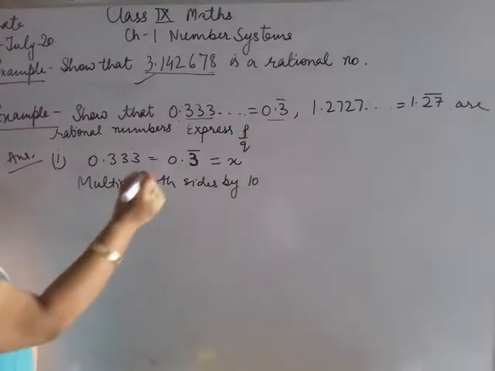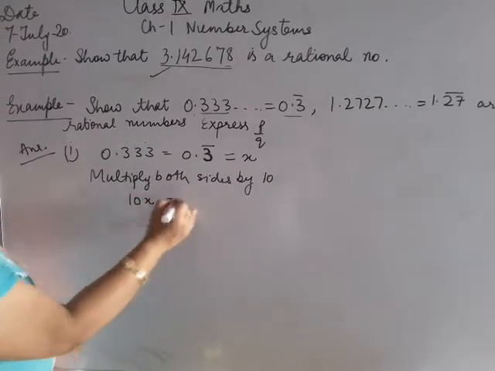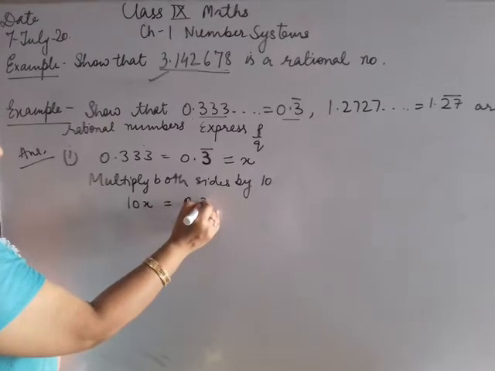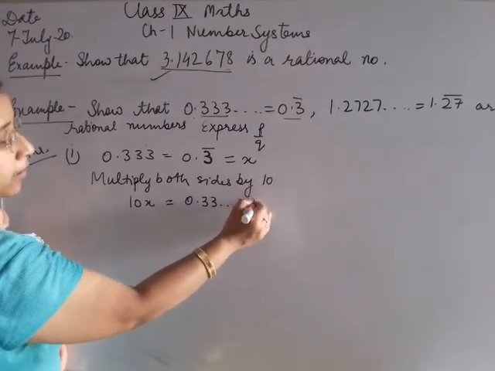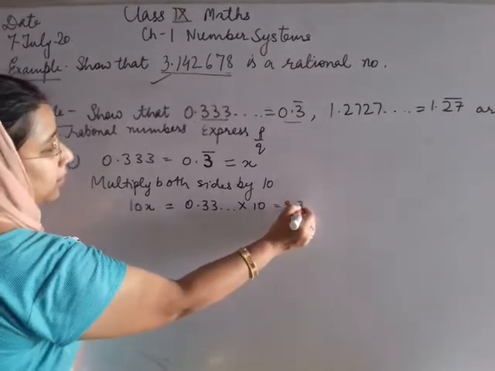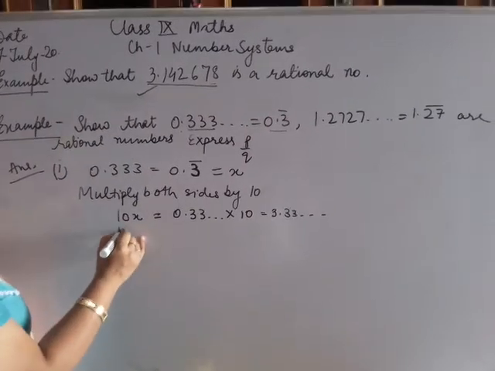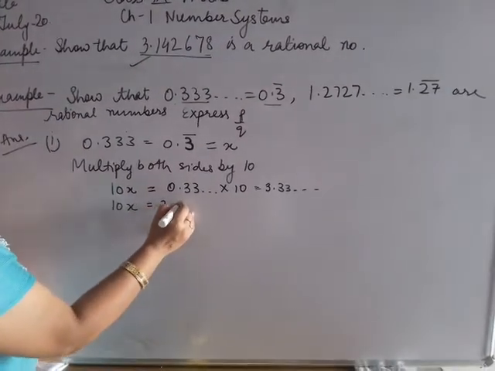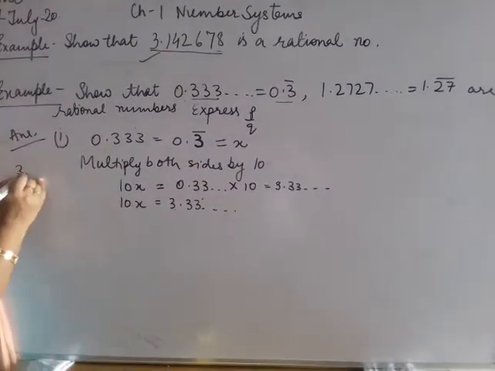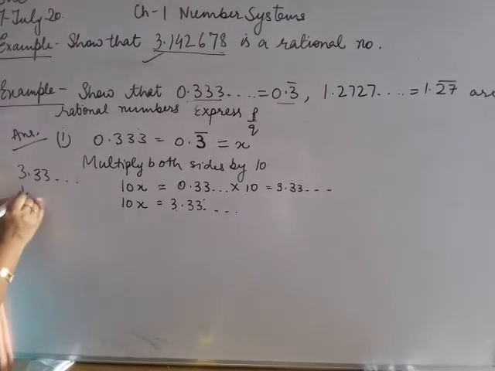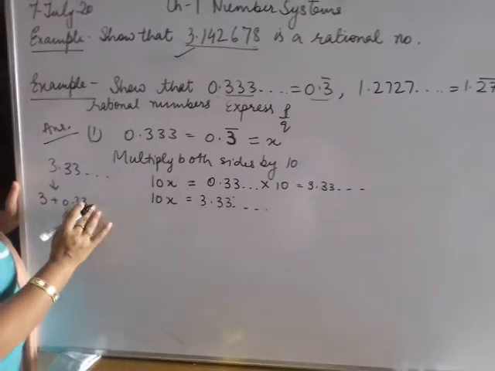Okay. Now what will happen? x multiplied by 10 will become 10x equal to 0.333 multiplied by 10, which will become 3.33 and so on. Now look, 3.33 and so on is equal to 3 plus 0.33. Can we write this?